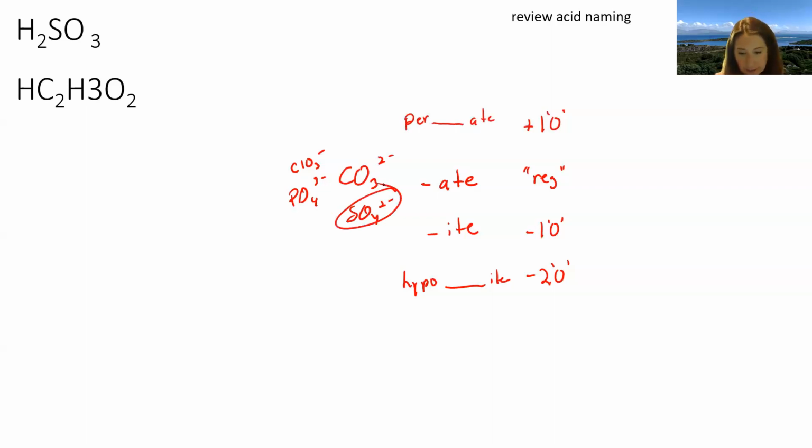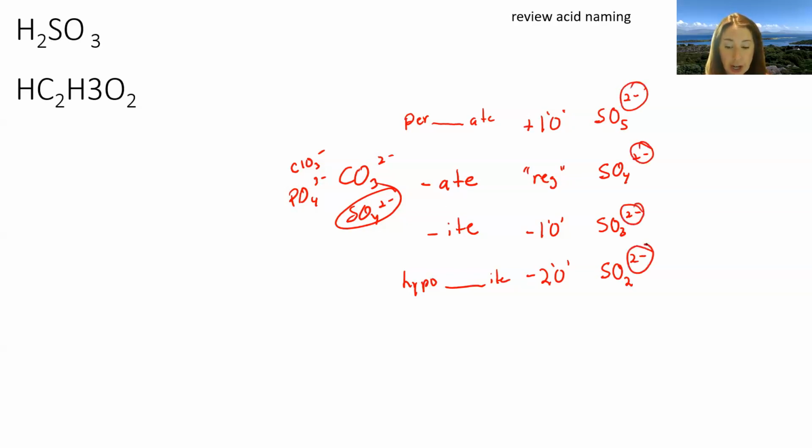Let's use sulfate. Sulfate is SO4 2 minus. If we lose an oxygen, it becomes sulfite, SO3 2 minus. If we lose two oxygens, it becomes hyposulfite. If we gain an oxygen, it becomes persulfate. I want you to notice that the charges never change.